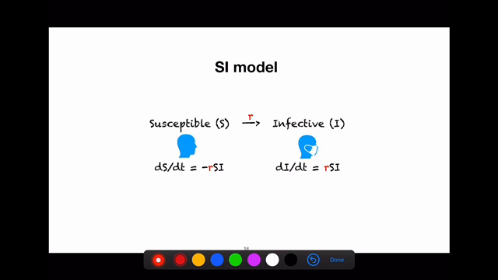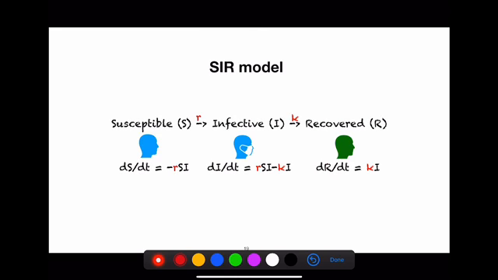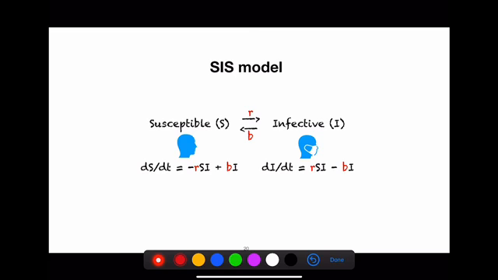Once again, this has been the SI model. And we also consider the SIR model by considering the recovery compartment. And now, in addition, we can also think about an SIS model. So the susceptible population becomes infected, but we can suppose that the acquired immunity doesn't last long.